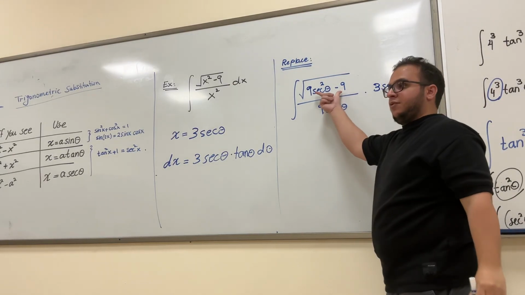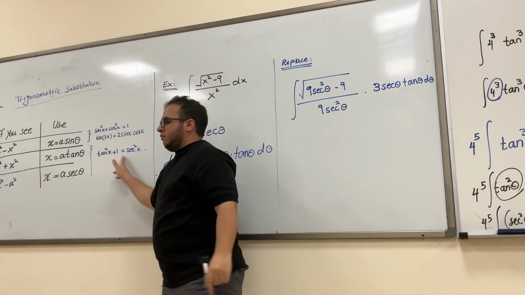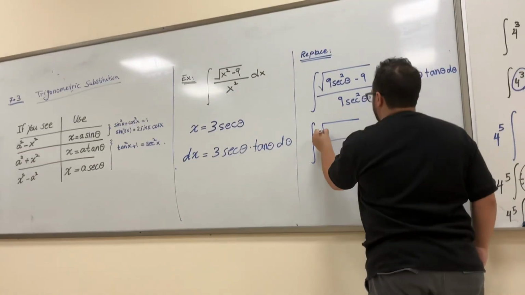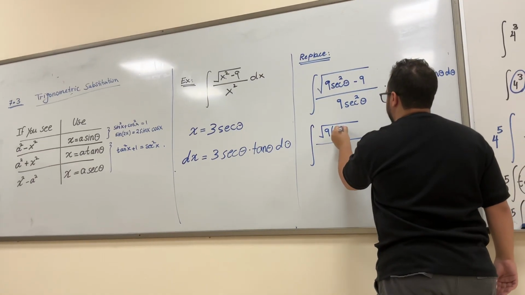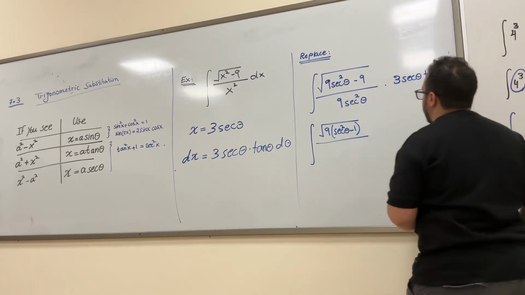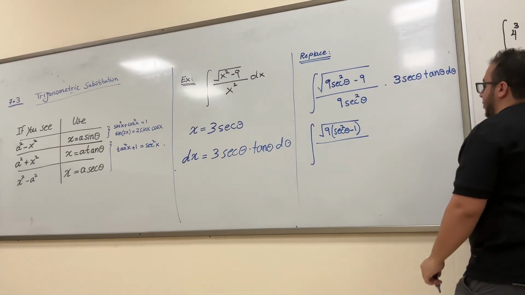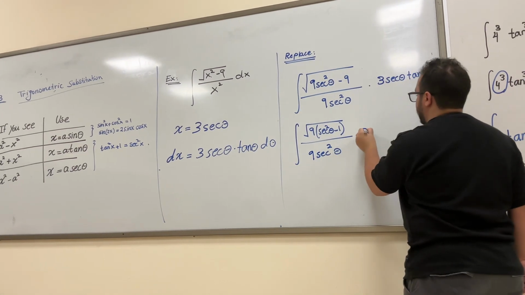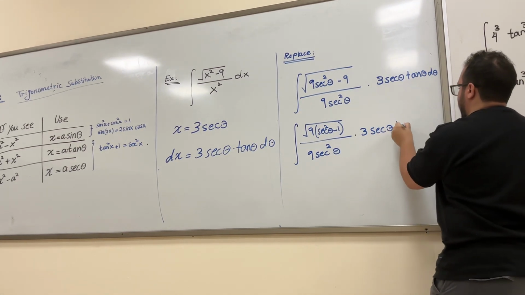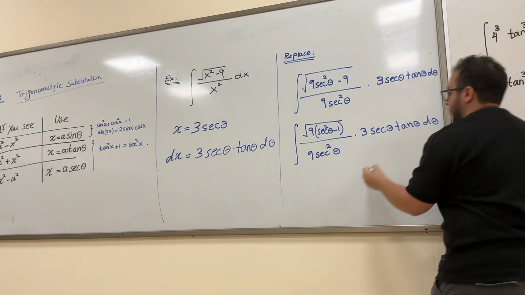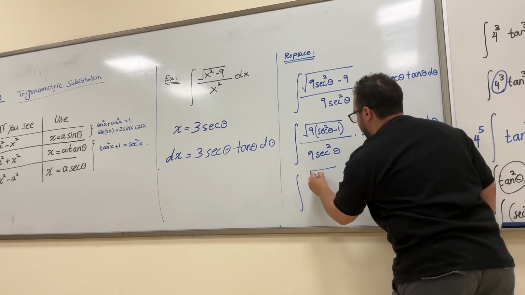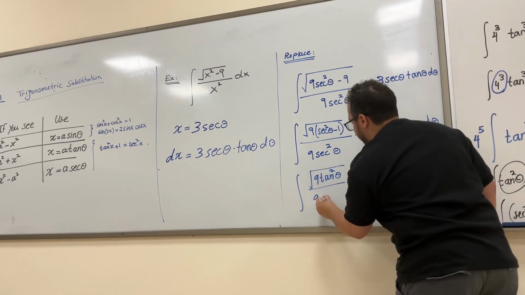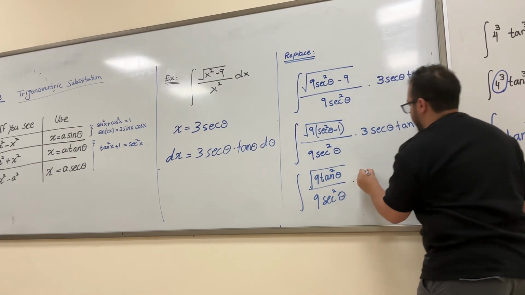Work on the square root. If you work here, you're going to be using this identity. So let's do it. I have 9 secant squared minus 1, right? What's secant squared minus 1? So I end up with the root of 9 tan squared, right? I'm doing it very slowly, but you can be faster than me.